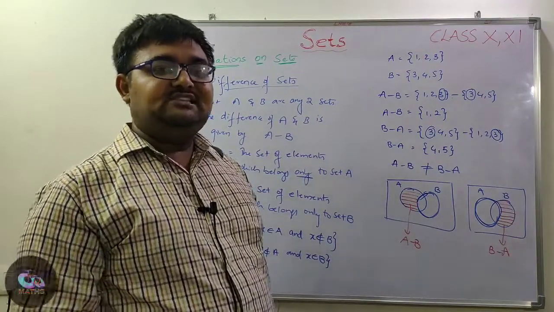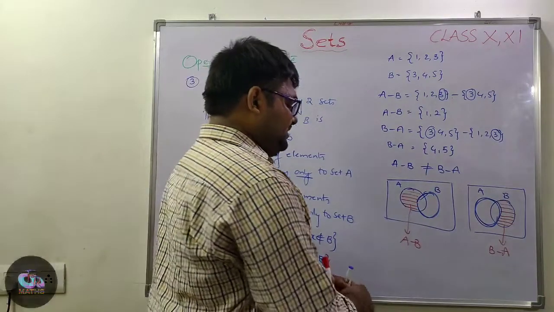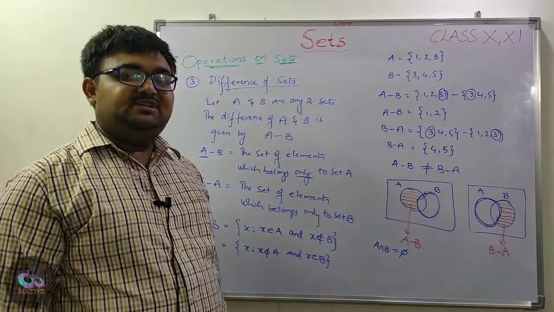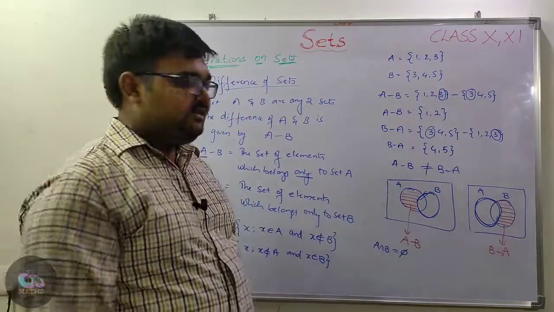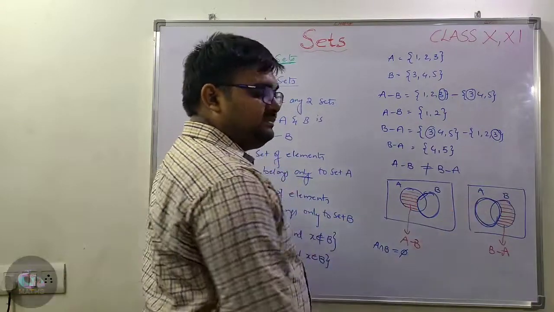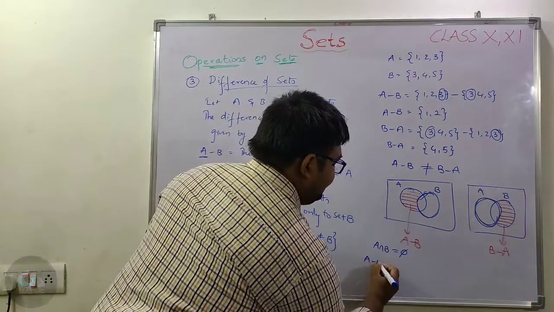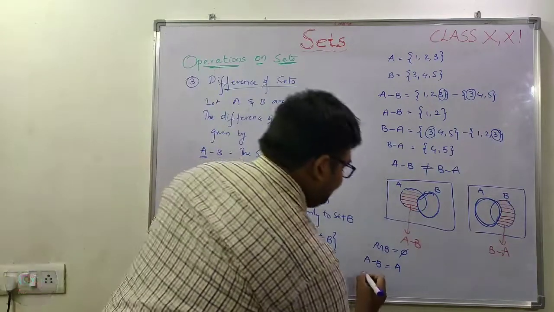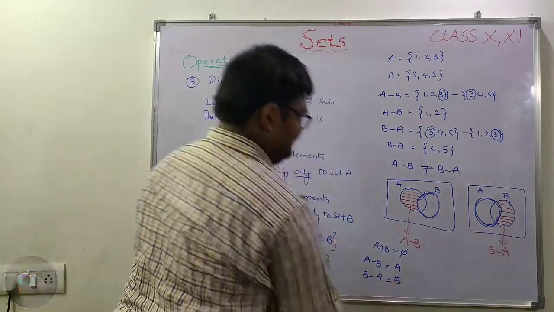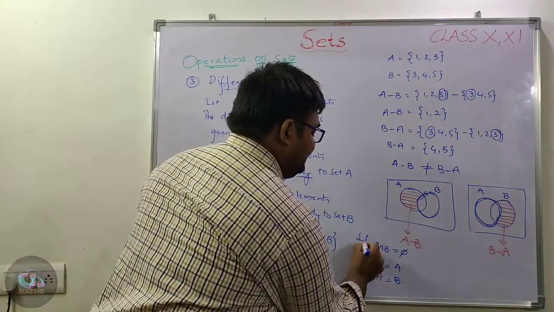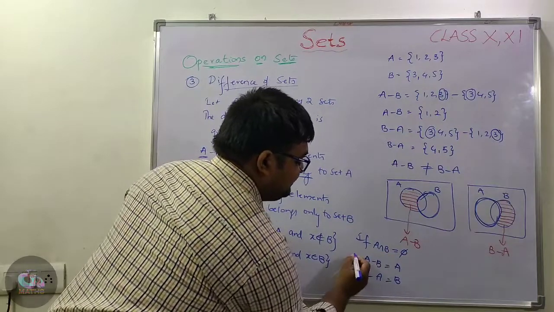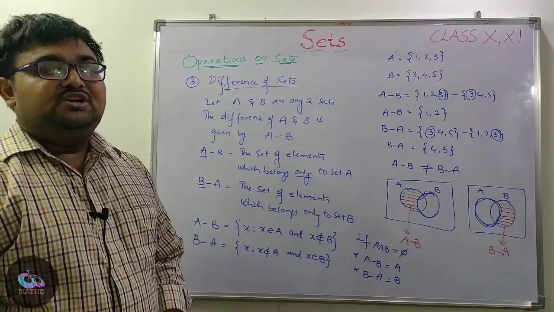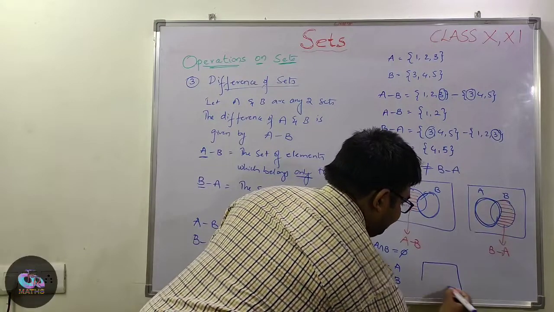If two sets are disjoint, there is nothing in common. So if A intersection B is equal to the empty set, there won't be any common part, meaning set A is separated from set B. Then A minus B is directly A, and B minus A is directly B. So if A intersection B is empty, then A minus B is equal to A and B minus A is equal to B. If you want, you can understand this by drawing the Venn diagrams.